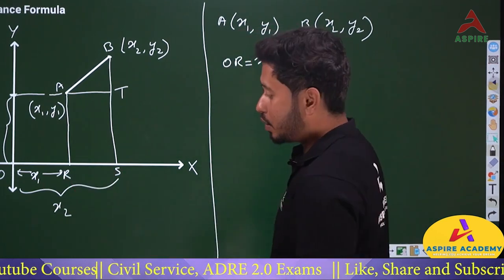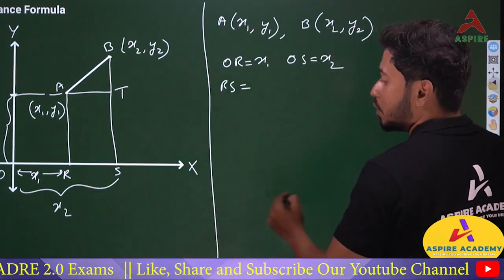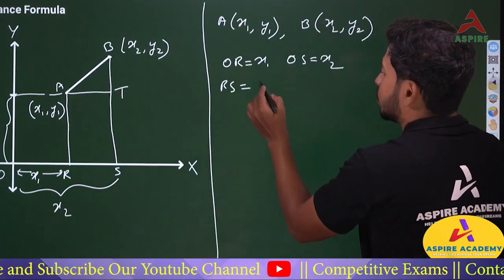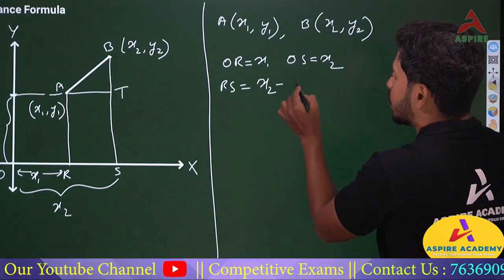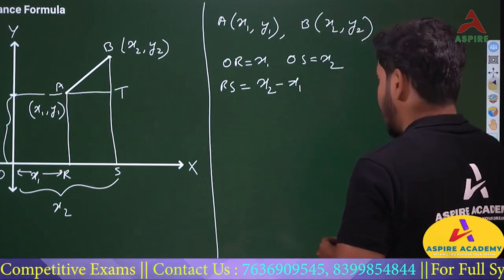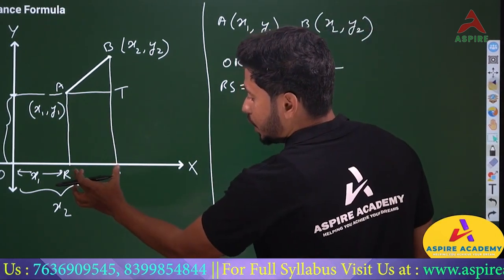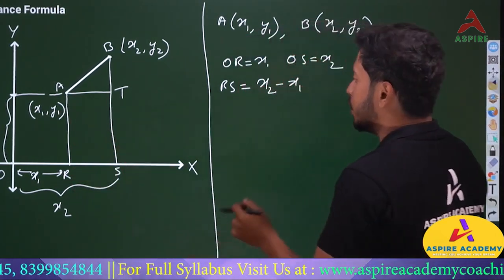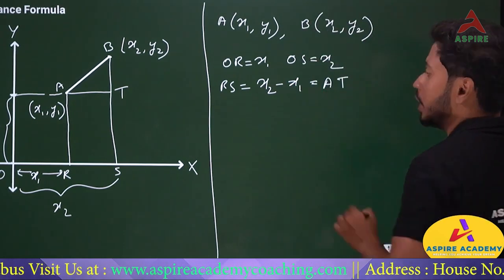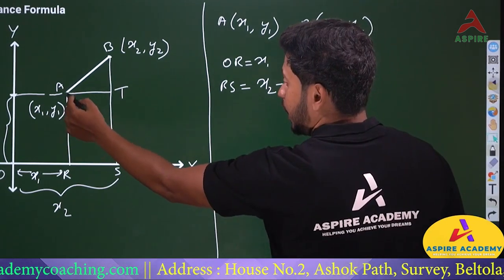So RS equal to OS minus OR. OS is x2 and OR is x1, so RS equal to x2 minus x1, and this length RS is equal to AT, right?